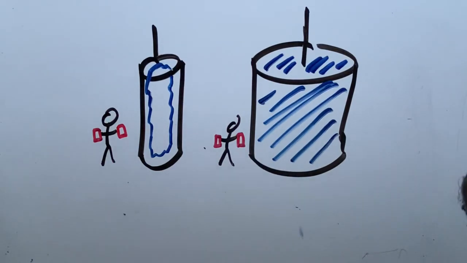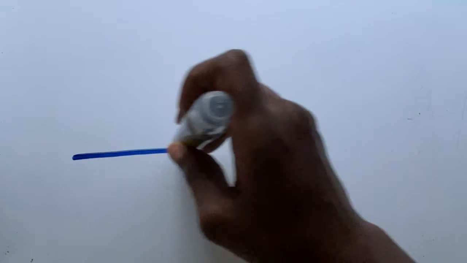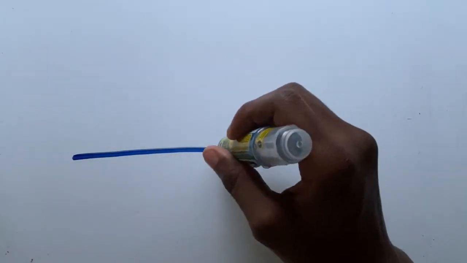All right, so now let's move on to the next scenario. Let's do a couple other scenarios. Let's say you're standing on some ice. Right, this is you standing on some ice.